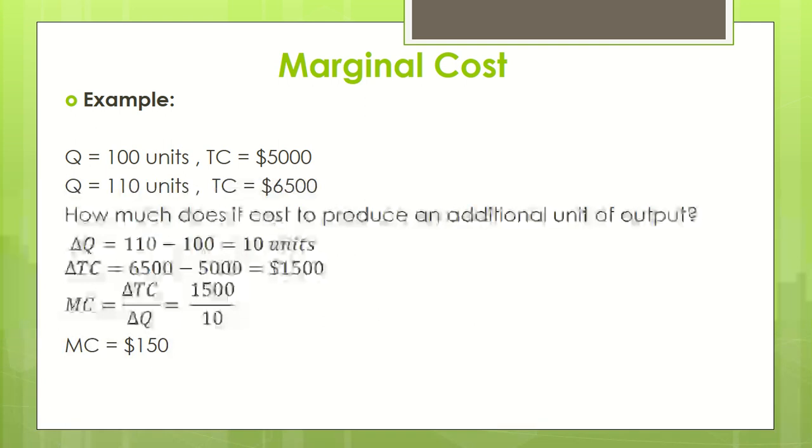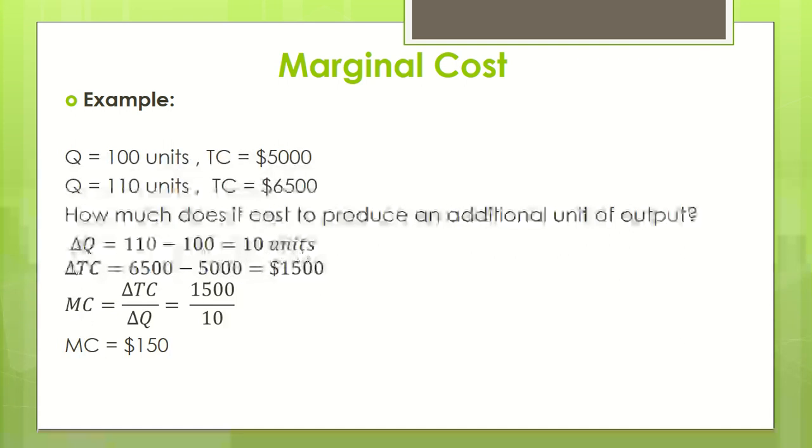So the first step is we have to calculate the delta Q, that is the change in quantity of output. So that will come to 110 minus 100 units is equal to 10 units. So the change in quantity of output is 10 units.